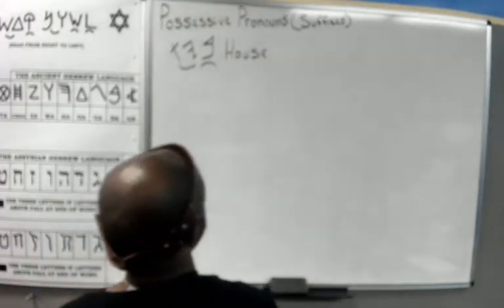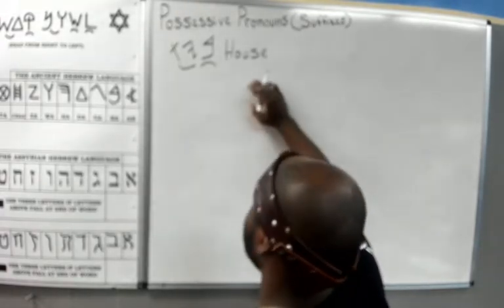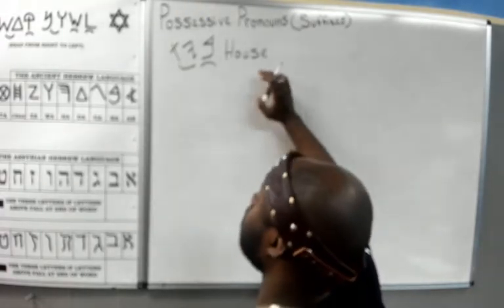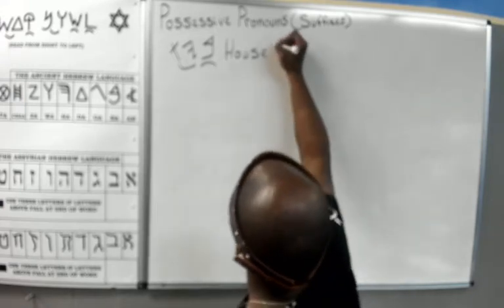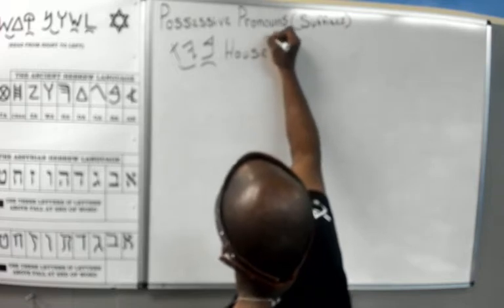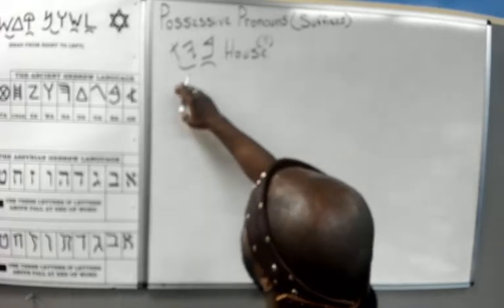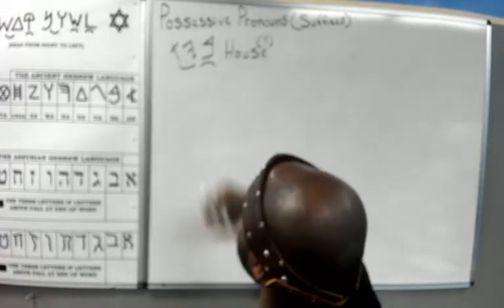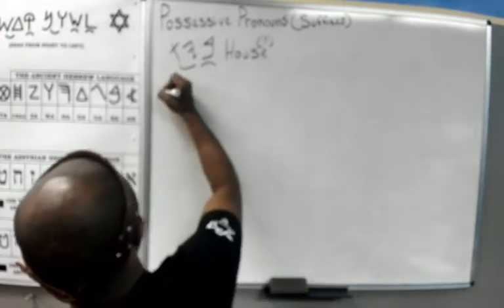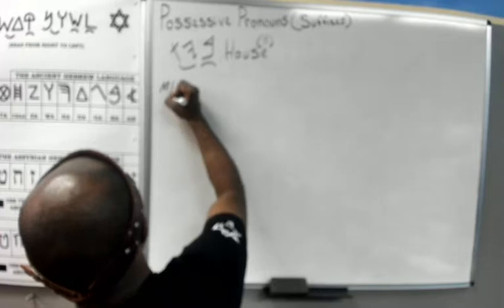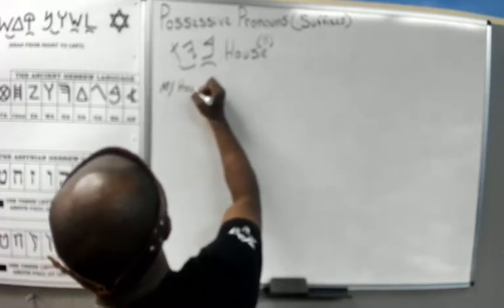Of course, we're going to be using suffixes for the word house, and for some of the prepositions that will fall as a suffix at the end of this word, because house is a noun. Prepositions can be attached to this word because it is a noun. If I want to say in the Hebrew, my house, it'll be bayaf yah.